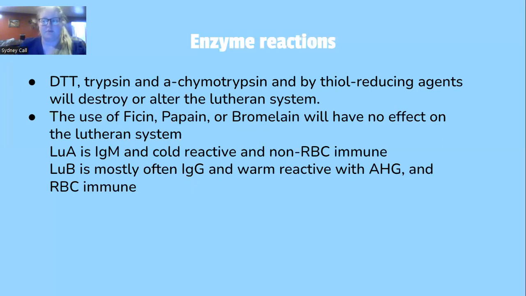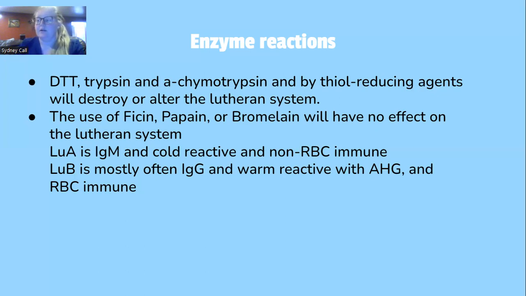The Lutheran system is typically just IgM, mainly LUA. There are some associations with IgG and IgA, but those are components in LUB. The antigen reacts at both warm and cold phases, depending on which phenotype. There'll be a table later in the slides that will show you exactly which one is which.